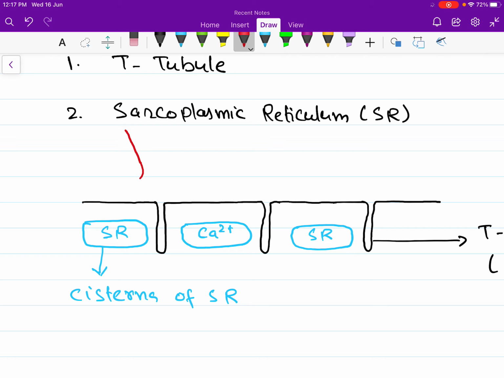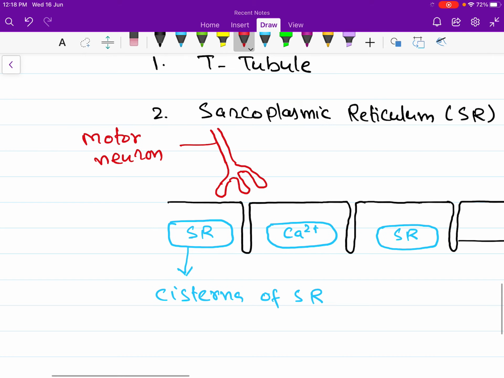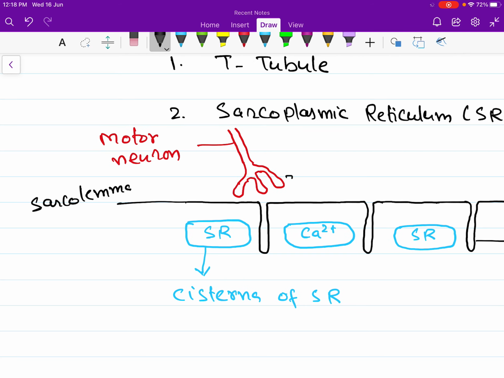The motor neuron will end at an axon terminal, just like this, and that axon terminal will form a synapse with the sarcolemma. The junction formed by the axon terminal of the motor neuron and the sarcolemma is called the neuromuscular junction.